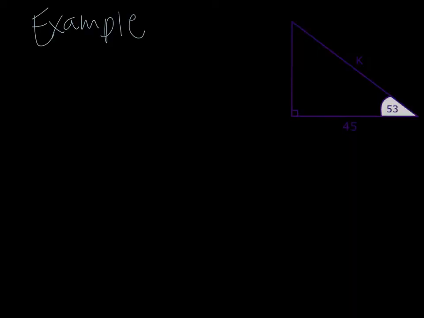Let's try another example together. In this example, we need to start with writing down what we know. Let's start with our reference angle. So our reference angle, as we see right here, is equal to 53 degrees. Next, because we're looking at the cosine ratio, I want to know what is adjacent to that angle.